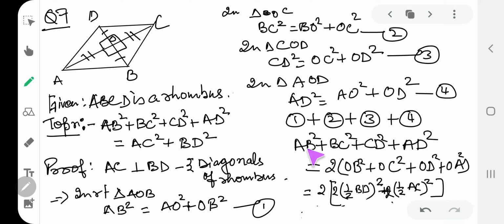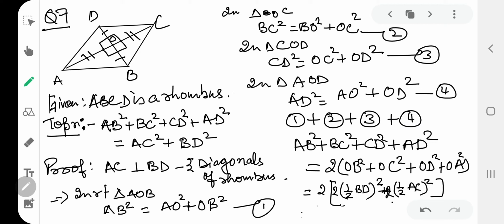And if I add all these four statements 1, 2, 3, and 4, I'll get in the left hand side AB square plus BC square plus CD square plus AD square is equal to, now be focused on right hand side. I have to add this plus this plus this plus this.